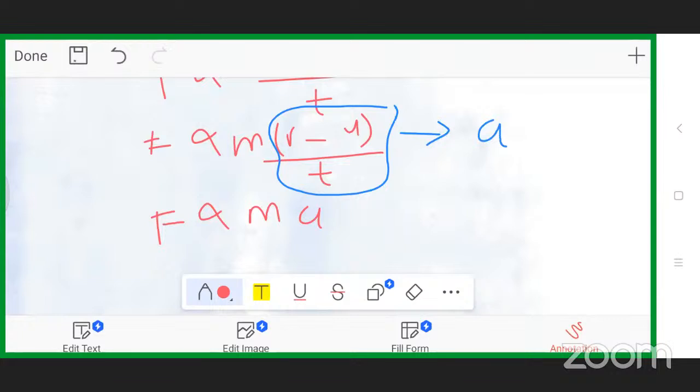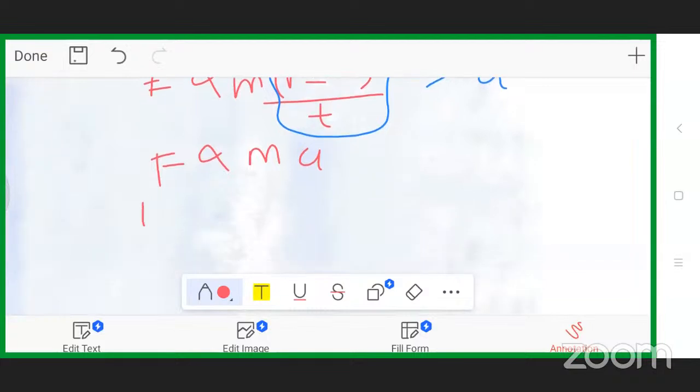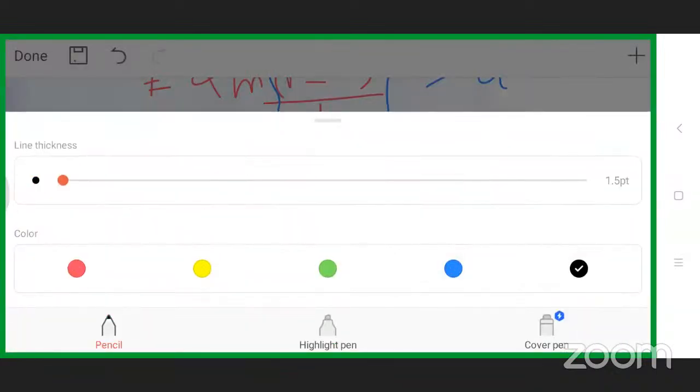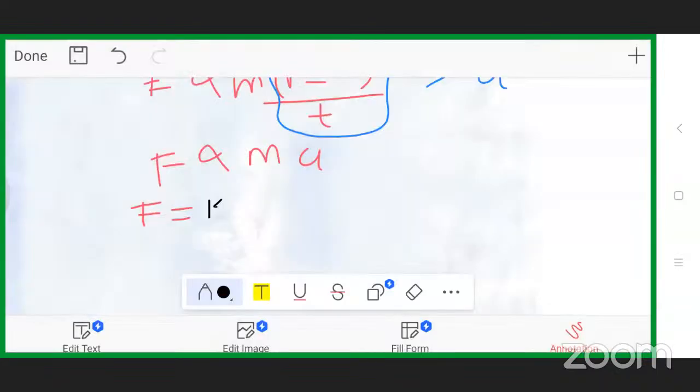Anyway, there's a proportionality here, so there must be a constant of proportionality. If we have to remove this proportionality symbol, we replace it with an equal sign, but then bring in a constant, let's say k, times ma, because of that proportionality. We don't know how these things are proportional.